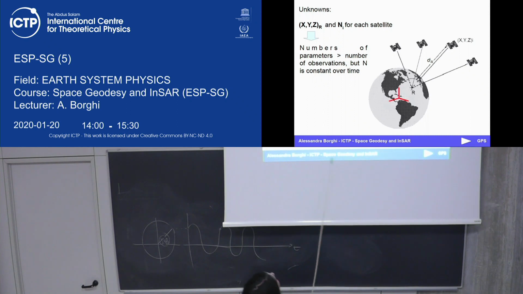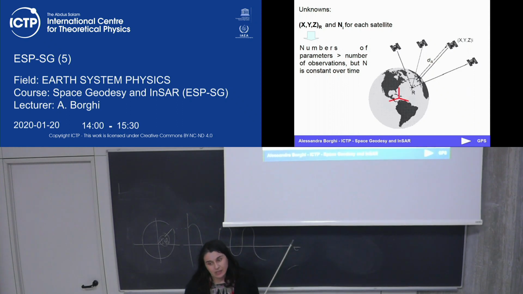So, if we have 4 satellites, the number of unknowns are X, Y, Z, 3, and the synchronization error between receiver and satellite, if we suppose that the satellites are synchronized with each other, so 4 unknowns. But we have an ambiguity for each satellite: for satellite 1, for satellite 2, 3, and 4.